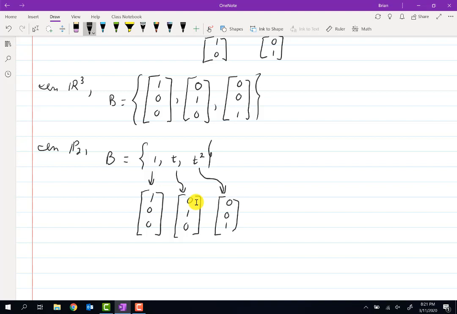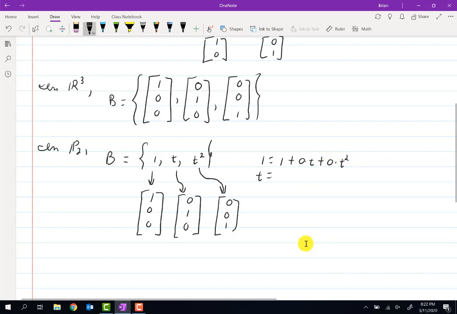Why? Well, 1 is the same as 1 plus 0 times t plus 0 times t squared. So 1 is in the first slot, there's a 0 in the second slot, and a 0 in the third slot, or if you will, coordinate. Let's use that term. Now take a look at t.